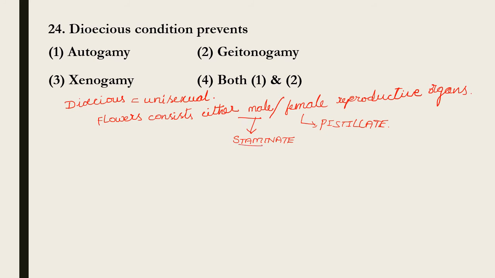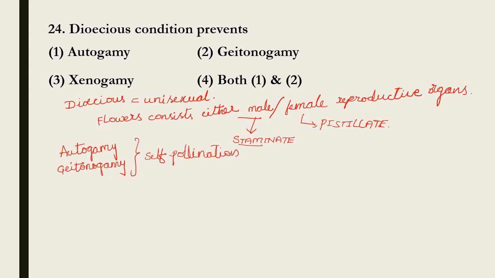So now, these unisexual flowers prevent which one? Here the first option is autogamy, and another one is geitonogamy. Both of these are considered self pollination.